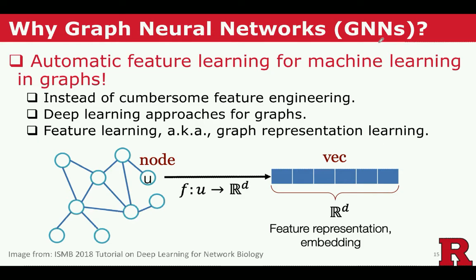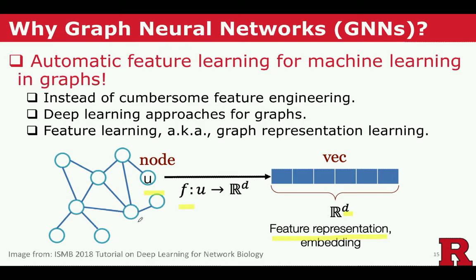GNNs perform graph representation learning, and the goal is to learn a mapping function f. This mapping function f maps every node to a d-dimensional feature vector. And this d is usually much smaller than the total number of nodes in the graph.